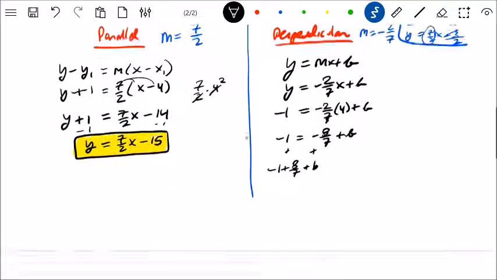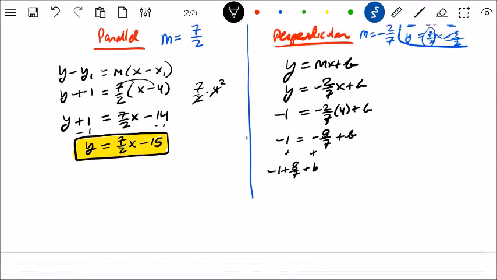Ooh, boy. So a couple of ways to do this. I'm actually most comfortable with changing this to negative 7 over 7 plus 8 over 7, because 7 over 7 is the same as 1. So we have 8 take away 7. That gives us 1/7 is equal to b. You could do this where it was 1 and 1/7 minus a 1. So that would be another way to look at it. In fact, let's set that up here.